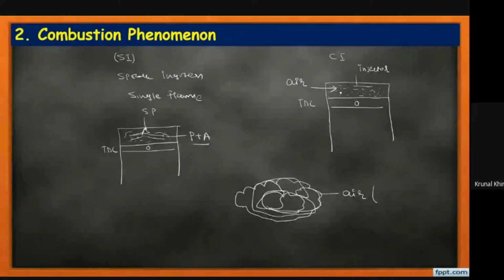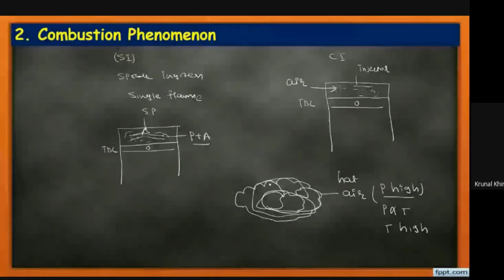So it creates higher pressure, and pressure is directly proportional to temperature. So as pressure increases, temperature increases. We cannot call it just air; it is a hot air cloud, which has a temperature beyond the burning temperature of the diesel.